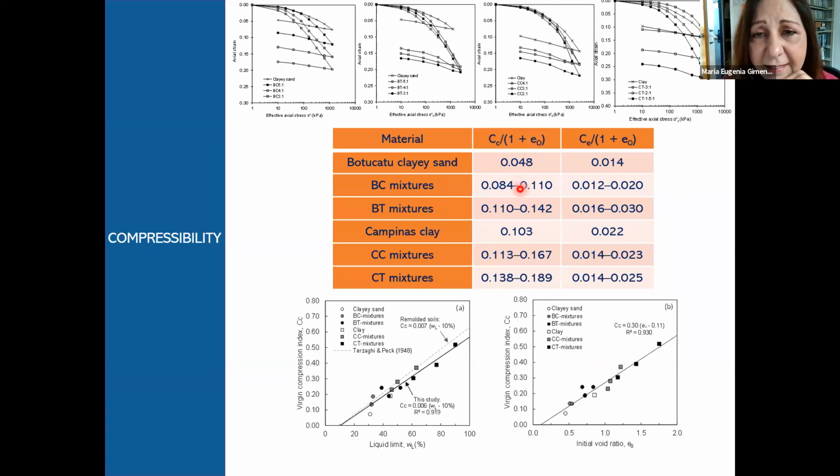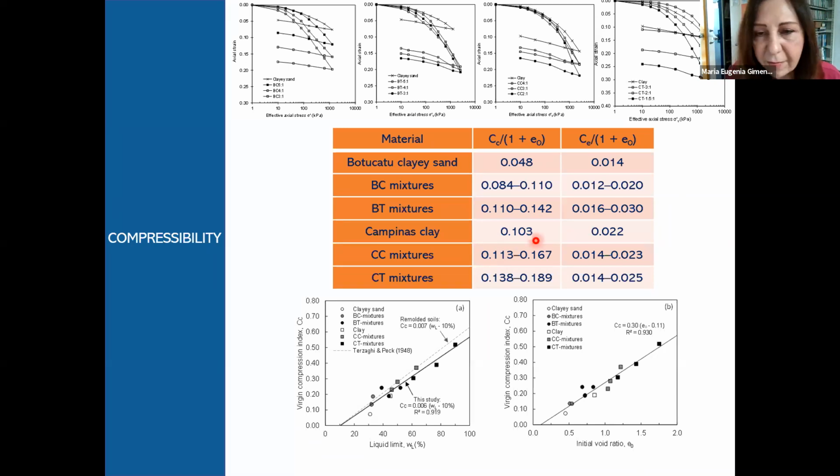And we can see that the compression coefficient of BC and BT mixtures is 1.8 to 3 times that of the B soil. And the compression coefficient of CC and CT mixtures is 1.1 to 1.8 times that of Campinas clay. So there was an increase in compressibility.